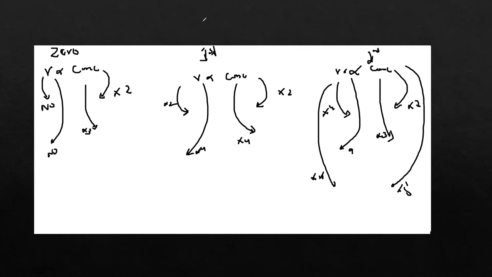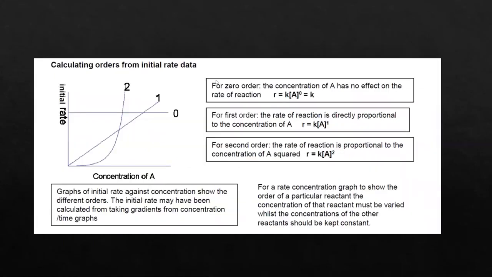So when we sketch a graph for the initial rate and the concentration, for a zero order you will observe a horizontal line. Why is there a horizontal line? Because any concentration I use, I will get the same rate. But if it's a first order, if I double the concentration, rate is double. If I triple the concentration, rate is also triple. So you can see it is a straight line with a constant slope.